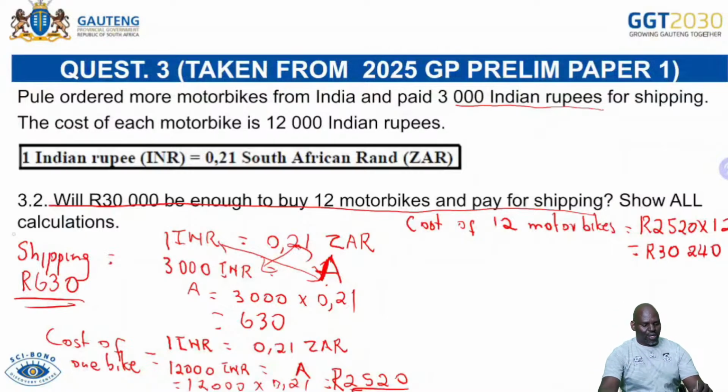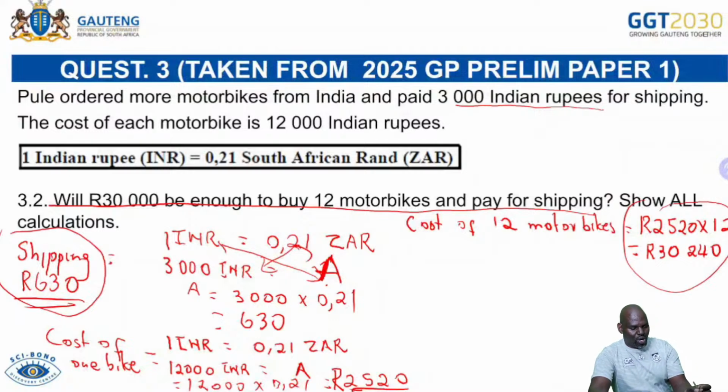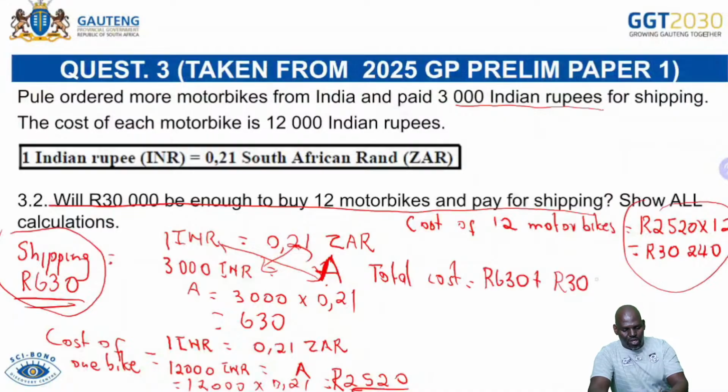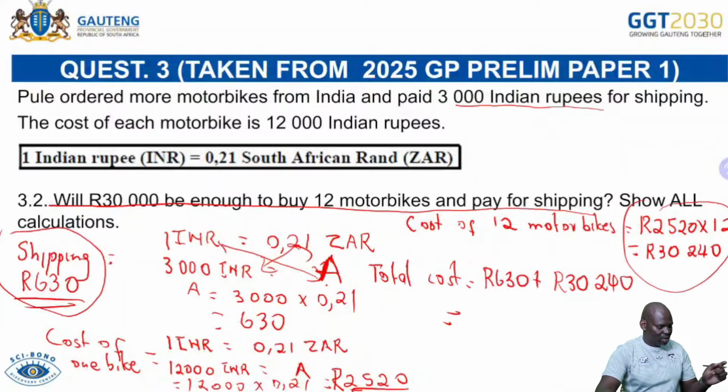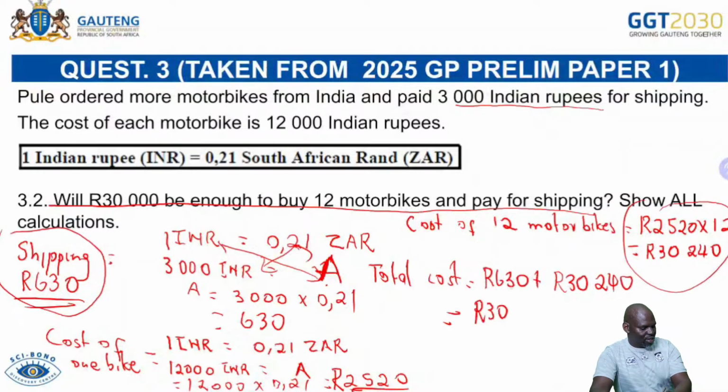The cost of shipping is 630 rand, and the cost of 12 motorbikes is 30,240. So the total cost is 630 rand plus 30,240. 30,240 plus 630, then I get 30,870. Okay, let's go back to our question.